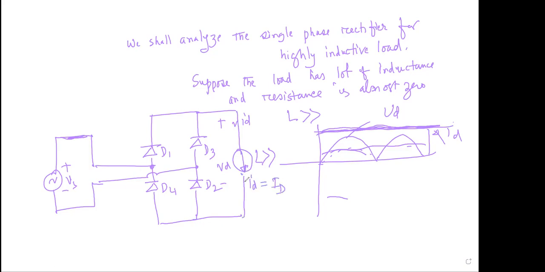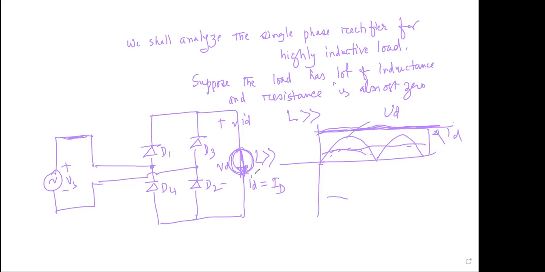So if you get this kind of load on the load side, then you will assume that the inductance is very high. Can you tell me what will be an example of a highly inductive load? Highly inductive means the current will be almost constant.